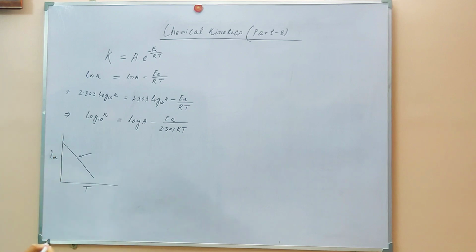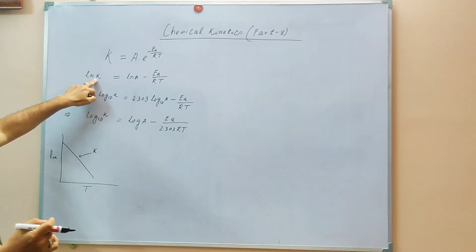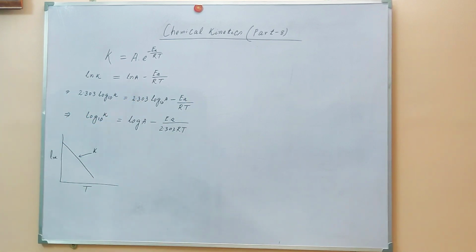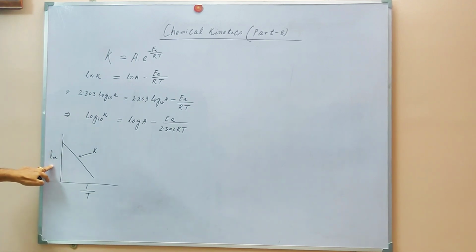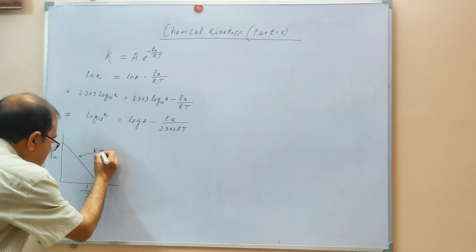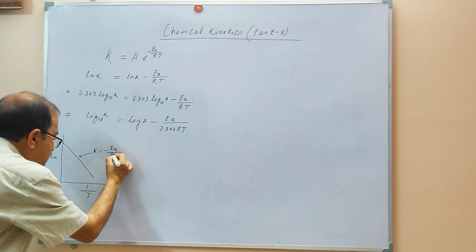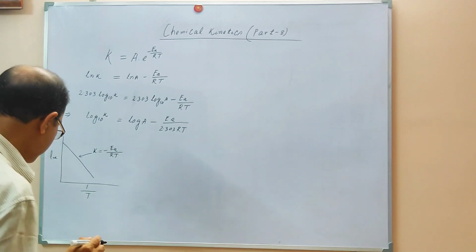When we plot ln k against 1 by T, we find a line with a negative slope, and this negative slope is equal to Ea by R. So this is a negative slope, Ea by R.